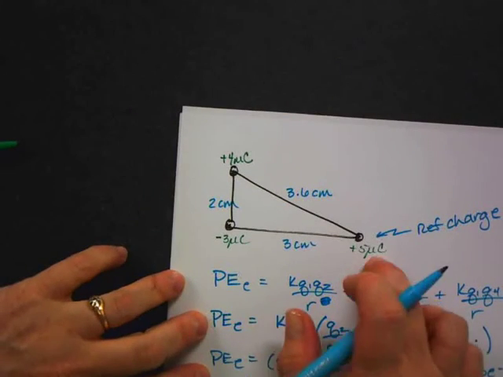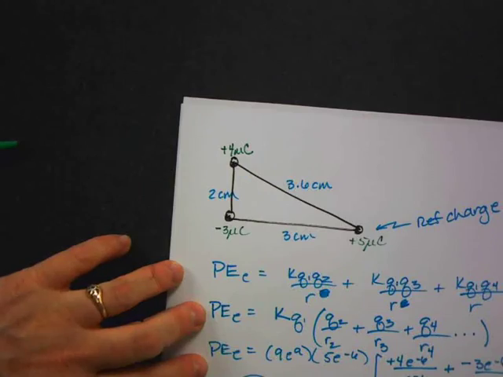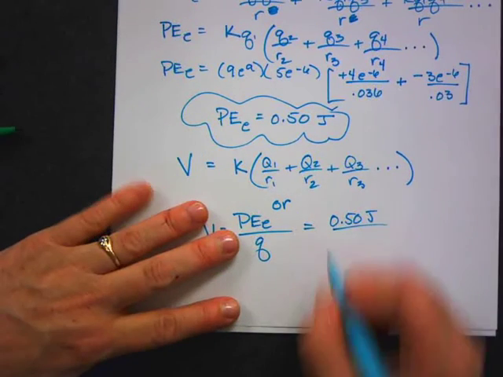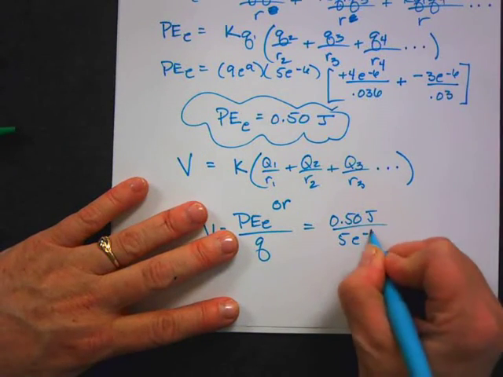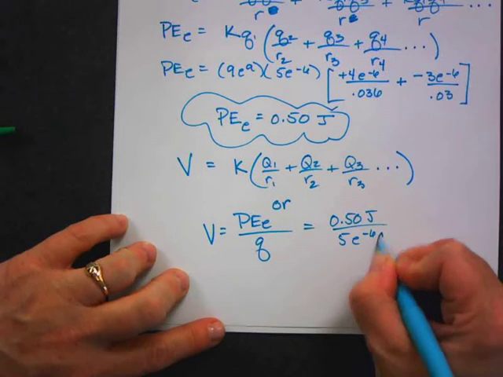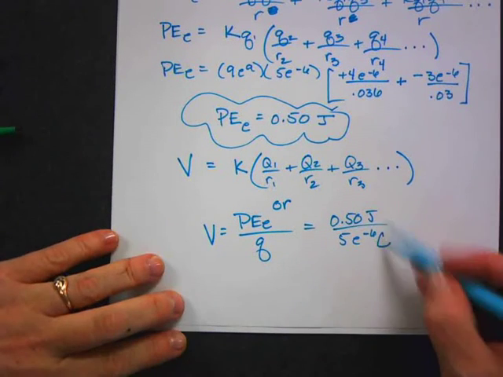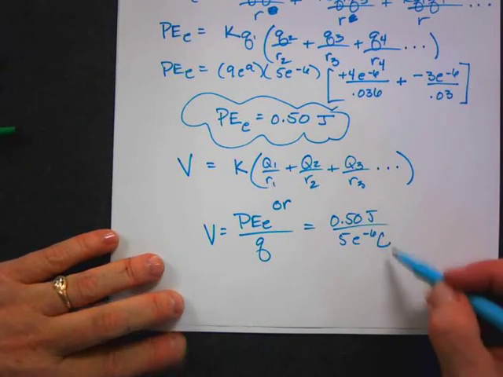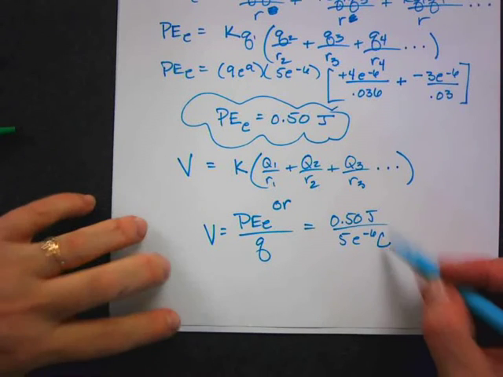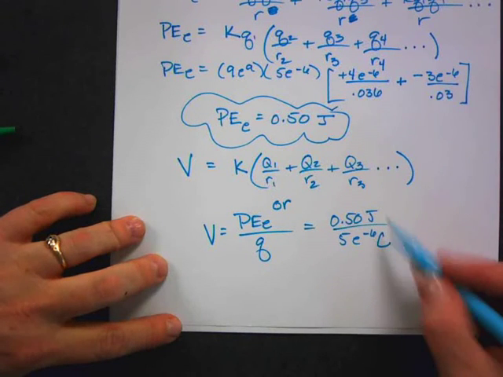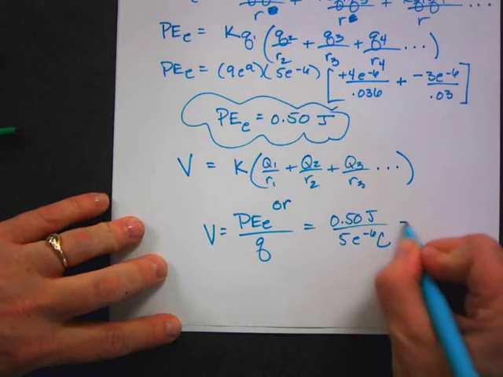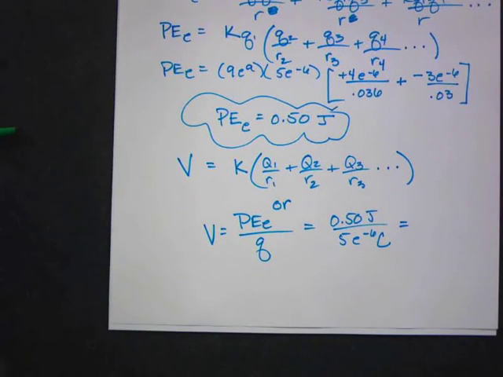Okay? So you can do that, or you could do potential energy divided by test charge. So which one's easier? Use this one, divided by the test charge, which is the reference corner. So that's 5 times 10 to the negative 6 coulombs. And again, this unit does have an abbreviation I'll show you in just a minute, but you can also just write joules per coulomb.